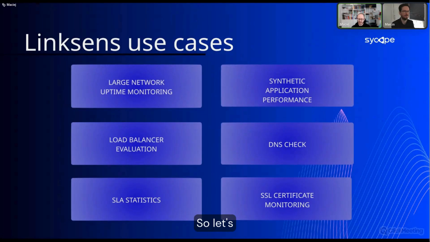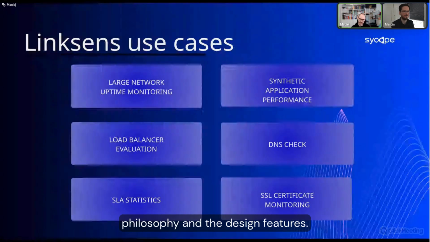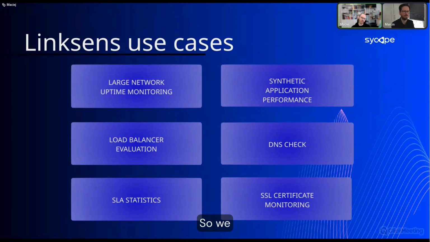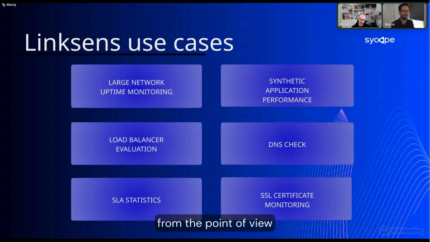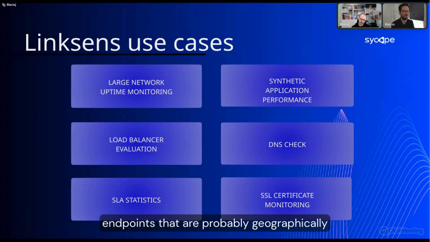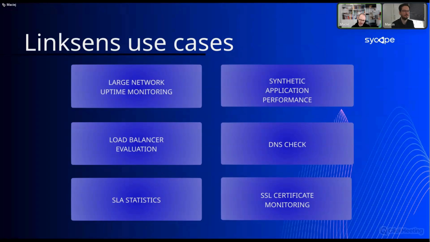So let's start with the use cases, because when we think about use cases, it's going to be much easier to understand the philosophy and the design features. We want to be able to monitor uptime in very large networks from the point of view of endpoints that are probably geographically located in very different points. We want to monitor the performance of both application and network.